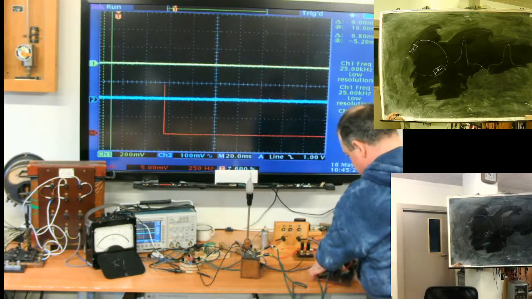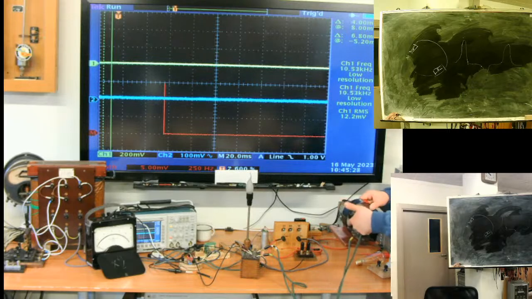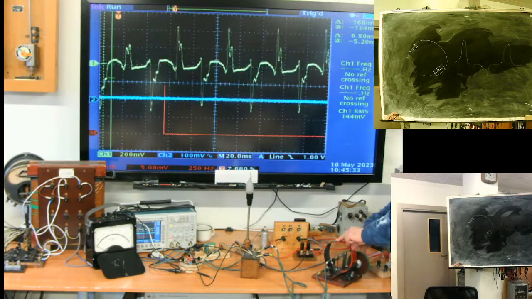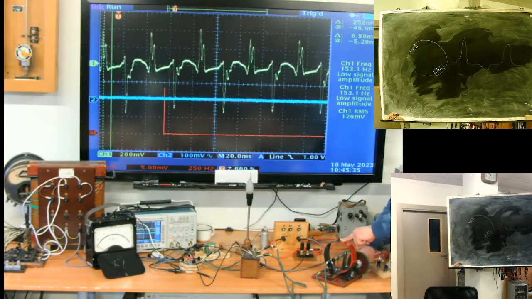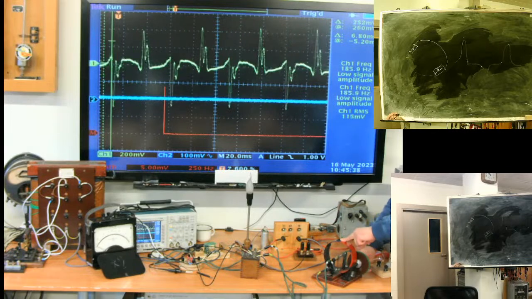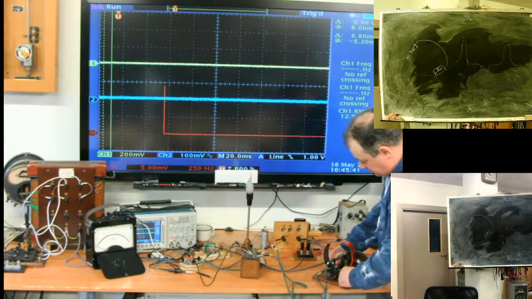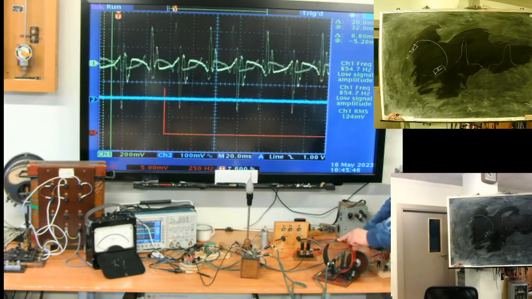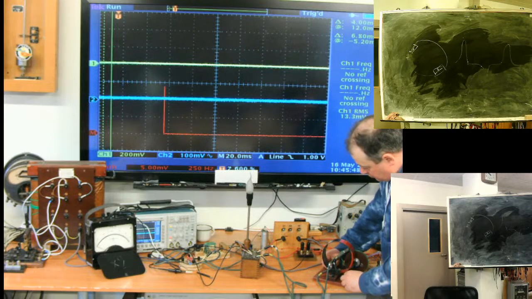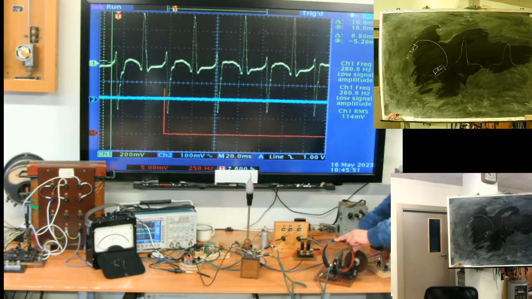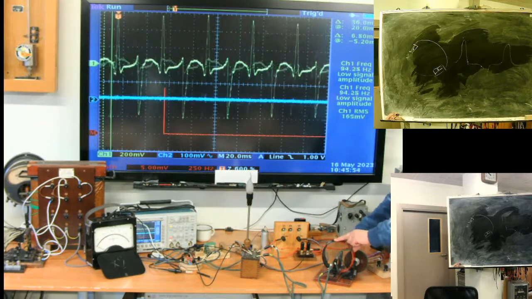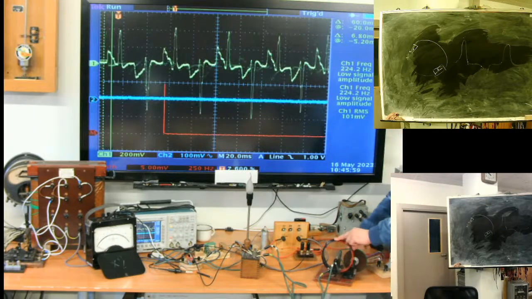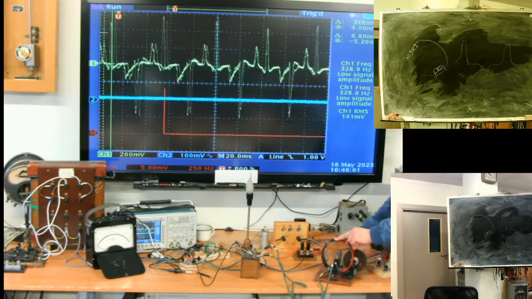For experiment 1, the distance between magnets. If I put them one near another, I will get different placement.